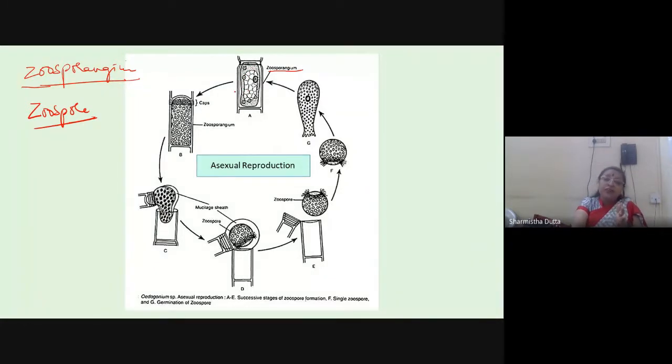Just before the division, just before the asexual reproduction, there is a disappearance of the vacuole. So the cytoplasm becomes dense and it starts leaving the outer wall and becomes round, a spherical structure, a dense cytoplasmic spherical body. This spherical body is being moved out.